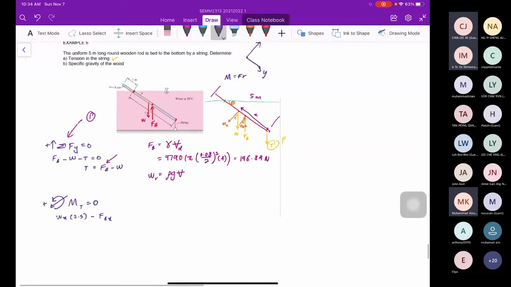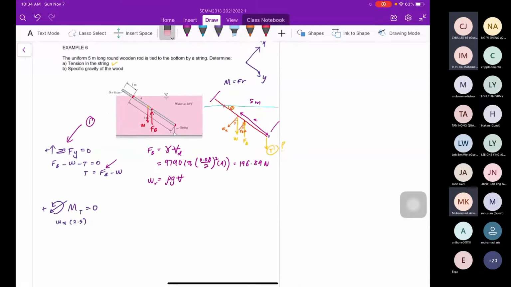So this is also cos theta, 2.4, okay, wait. Minus FB, the distance is 2 meter. Equal to 0. This is FBX.